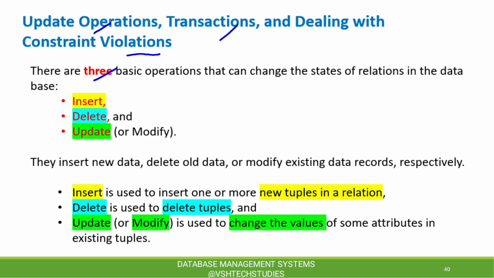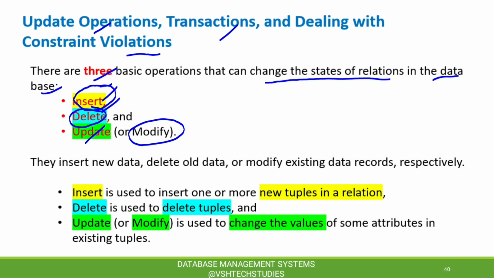There are three basic operations that the user will be doing, due to which there will be a change in the state of relations in the database. Those three kinds of operations are insert, delete and update. Update operation here means modify. So when the user does insert, delete or modify operations, they are called update operations.